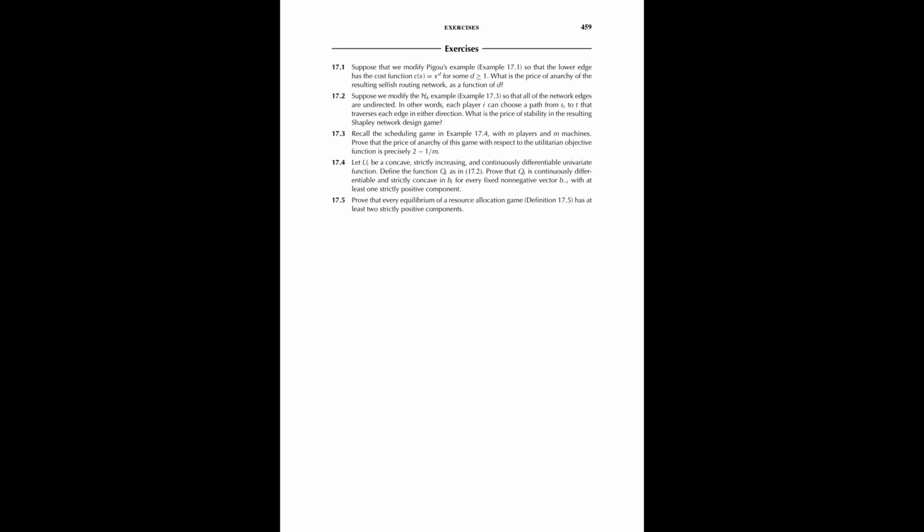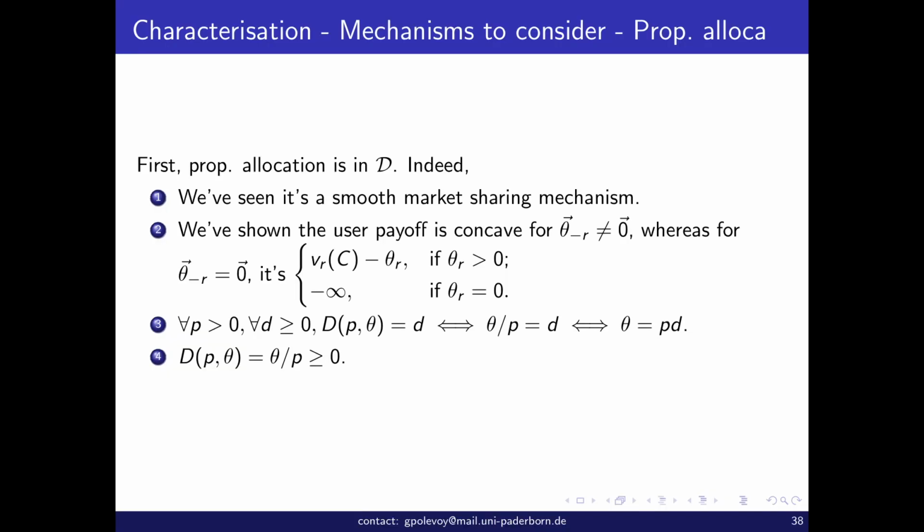I can show you that exercise. That's 17.4, page 459 in the book. And now for the case when the others do bid only zeros, then it's also concave, because if you bid something positive, then you get all the resource, because the others bid zero, minus what you bid.